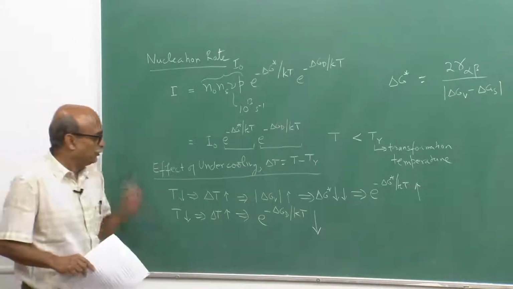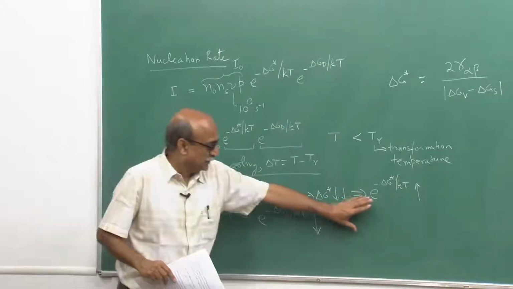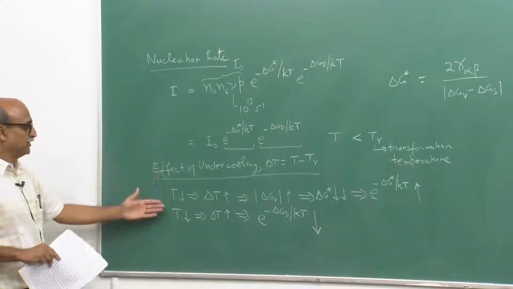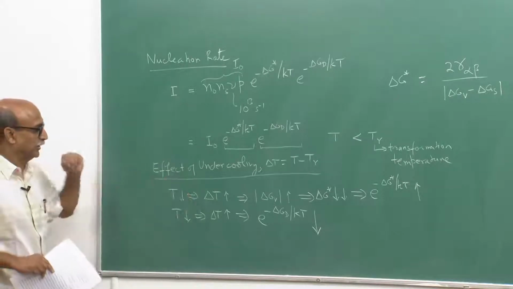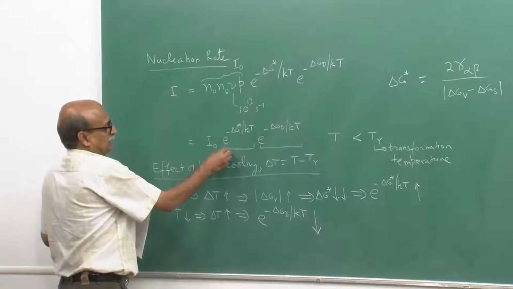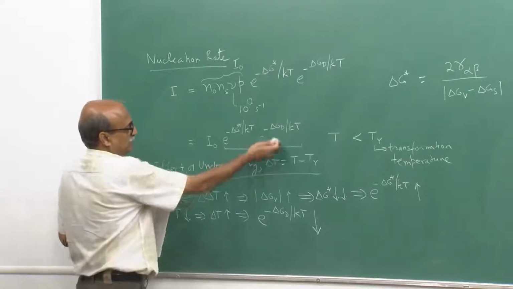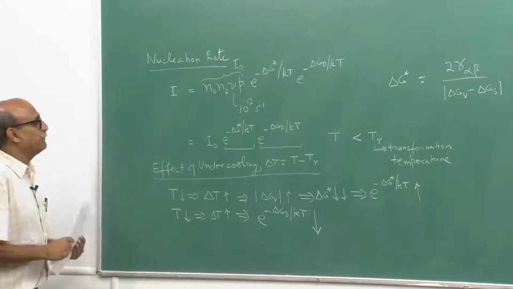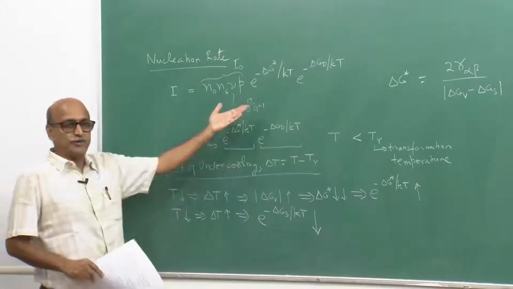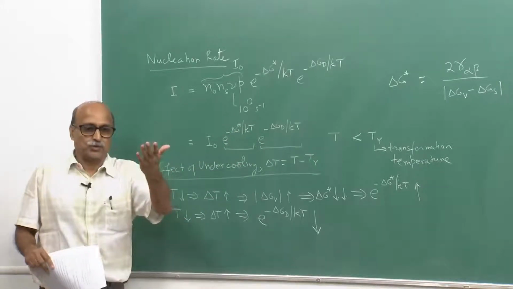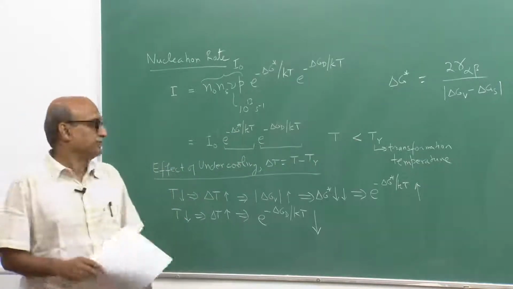So, we have two opposing factors to nucleation on increasing undercooling: this term increases while this term reduces, and depending on which term dominates, the nucleation rate could either increase or decrease.